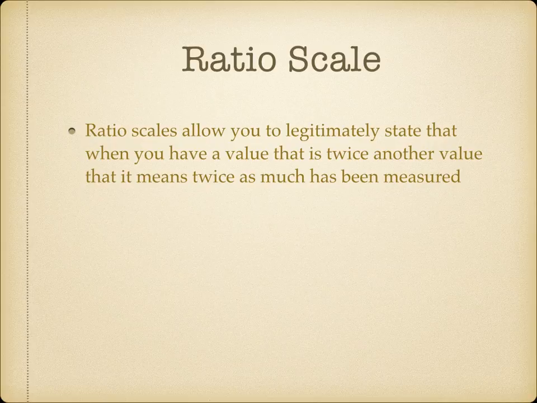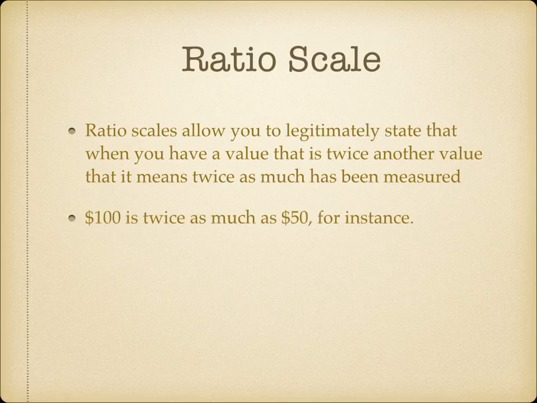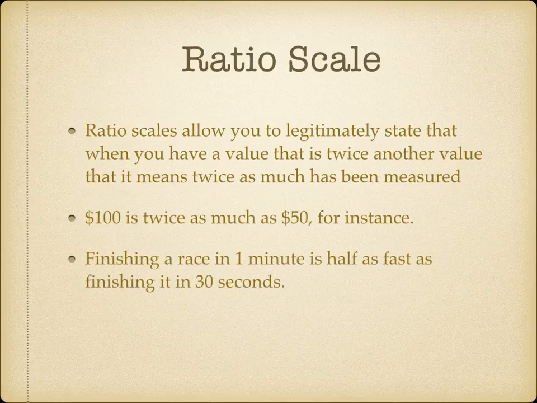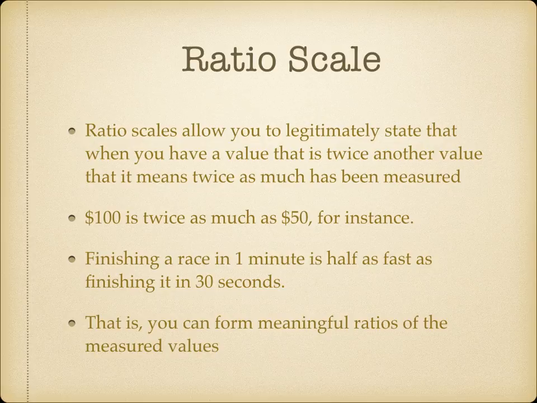But if I have someone who is going 50 miles an hour versus 25 miles an hour, well, that person going 50 miles an hour is going twice as fast. $100 is twice as much as $50, and finishing a race in 1 minute is half as fast as finishing it in 30 seconds. You can form meaningful ratios of the measured values, and it's the reason it's called a ratio scale.